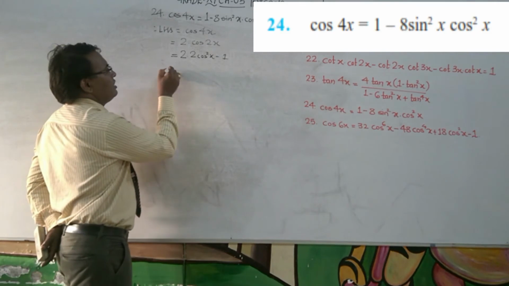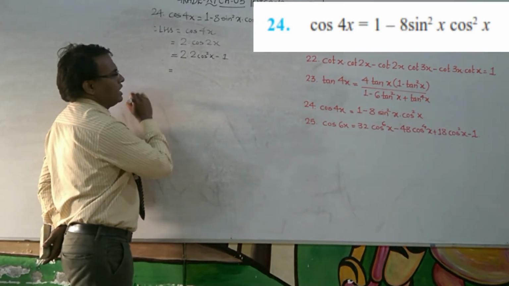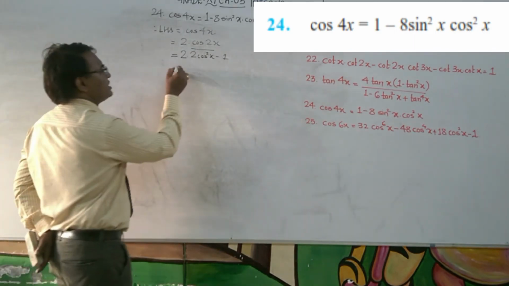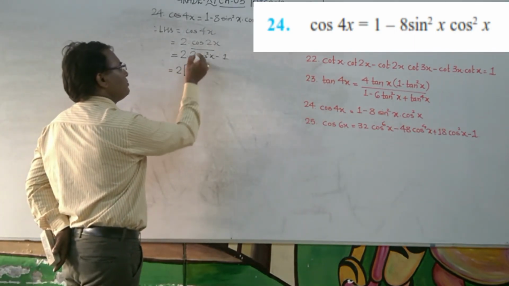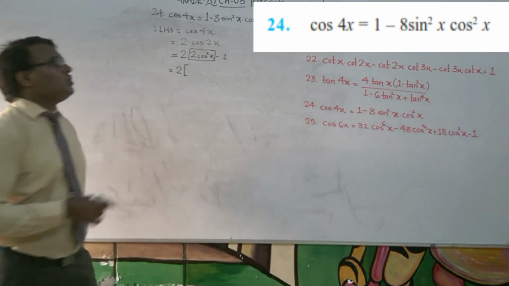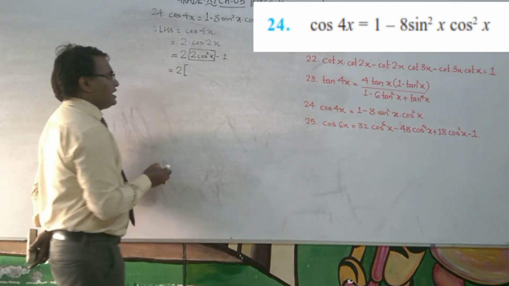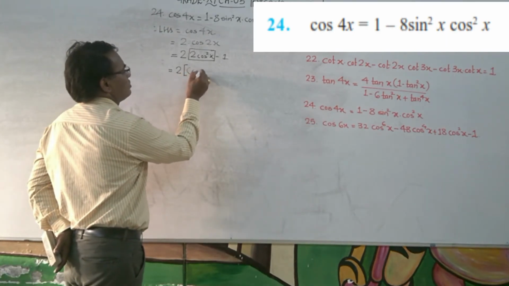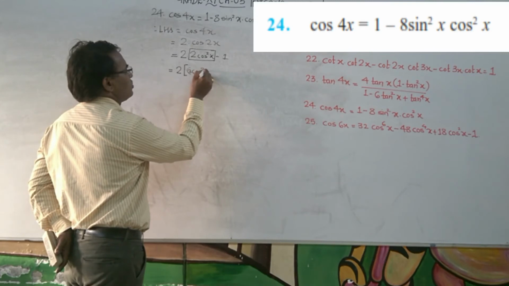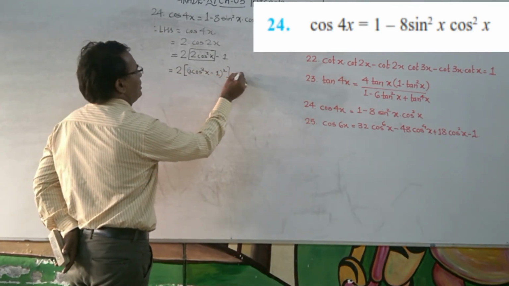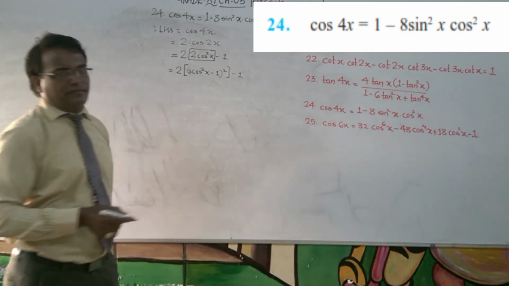Okay, now for this we have one more formula. In place of this, 2 cos square x can be written as 2 cos square x minus 1's square, and then minus 1.